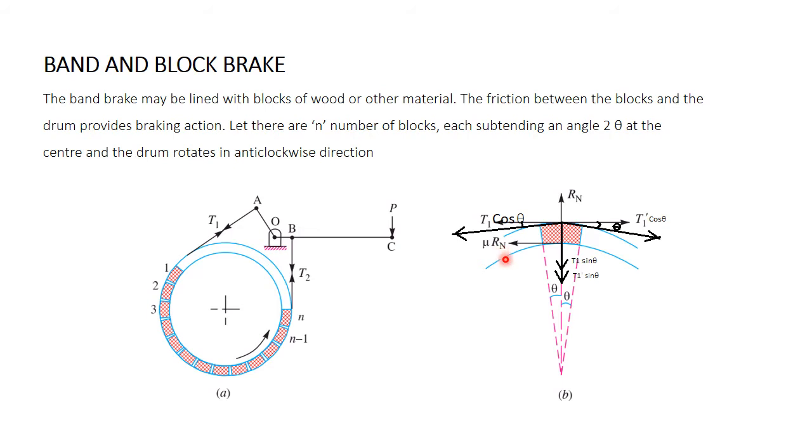We write the equilibrium equations for this diagram. Rn is equal to T1 sin theta plus T1 dash sin theta, and mu Rn plus T1 cos theta is equal to T1 dash cos theta. It means that mu Rn is equal to (T1 dash minus T1) cos theta.